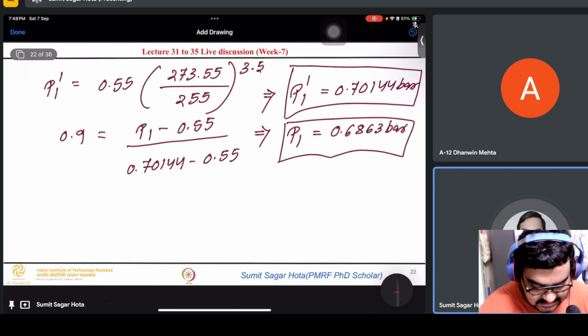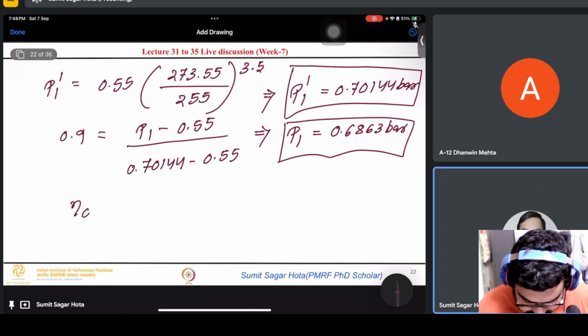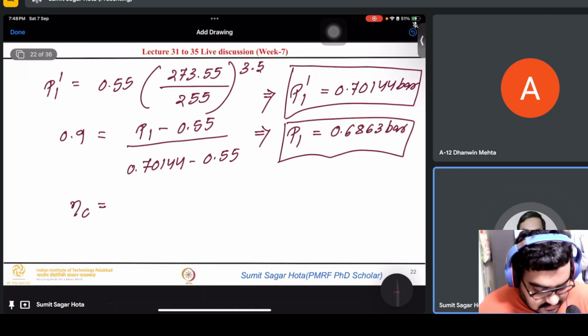So now in compressor, the isentropic efficiency of the compressor 0.81.